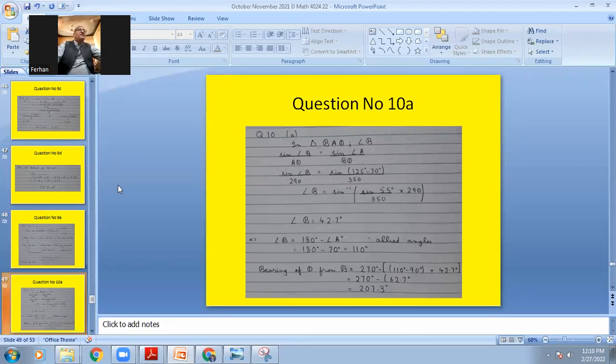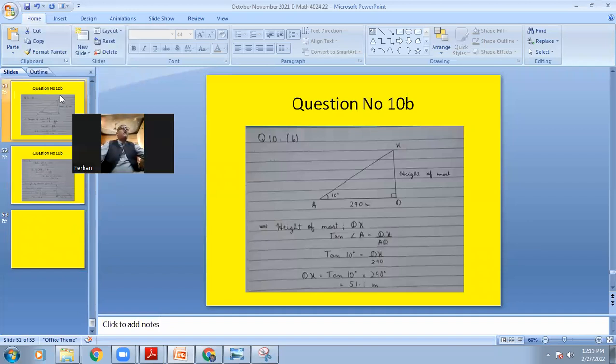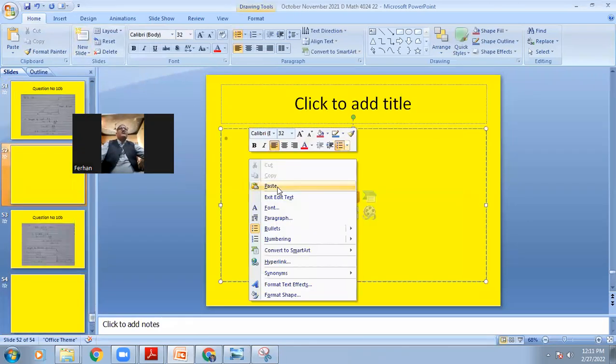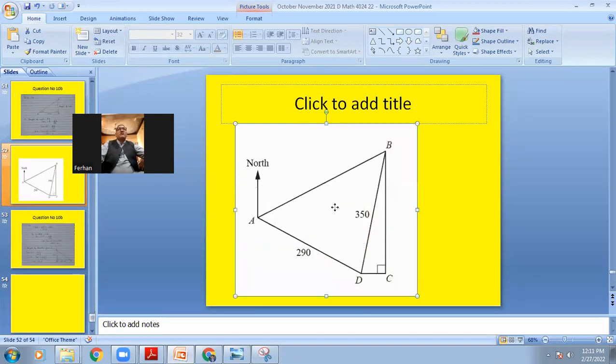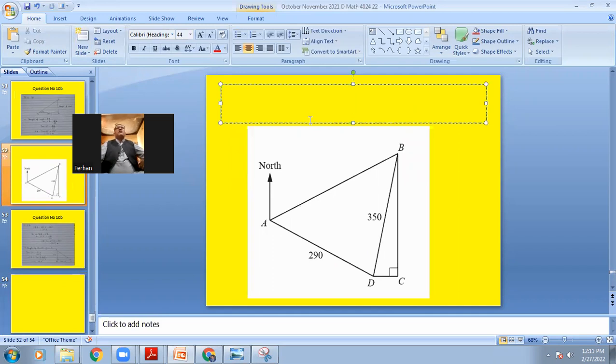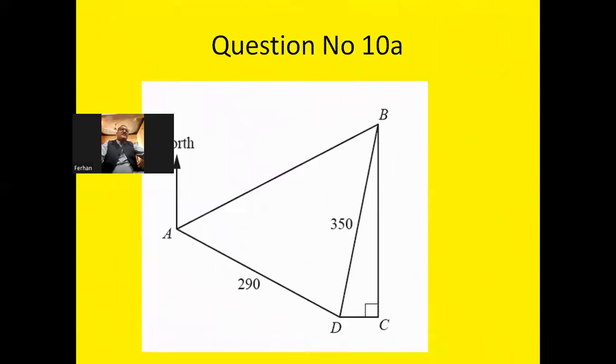Again, which question are we doing? Question number 10A. I just want you to understand this thing. Question number 10A part. So basically what I am saying is that north is here.